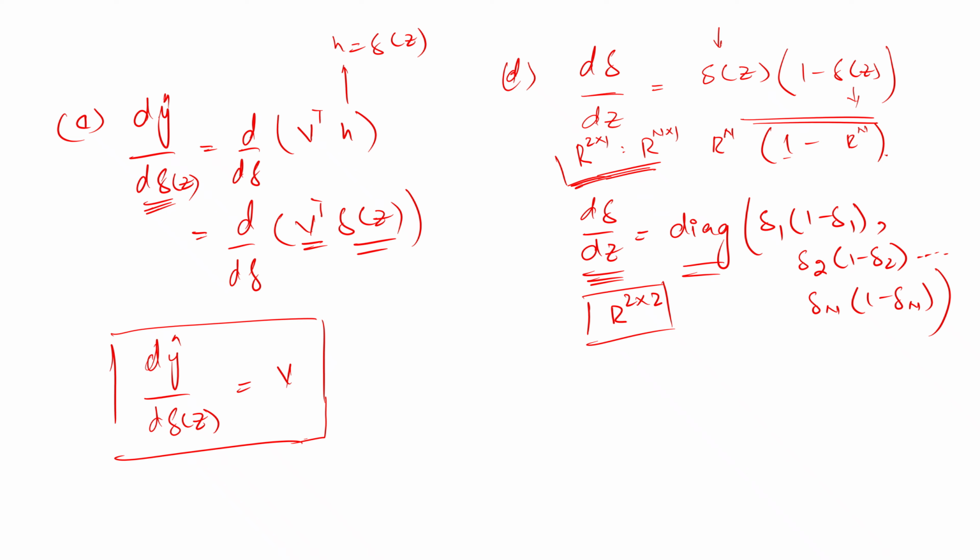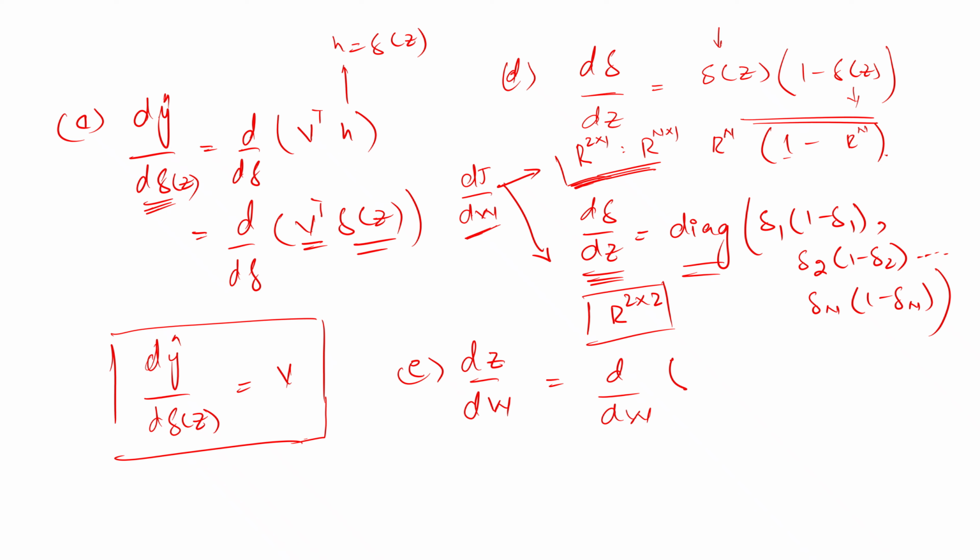Keep this in mind, because when we do the multiplication to obtain dJ by dW, these two are really key for matching the dimensions of the left-hand side and right-hand side. Let's do the last one. The last one was the derivative of z with respect to w.